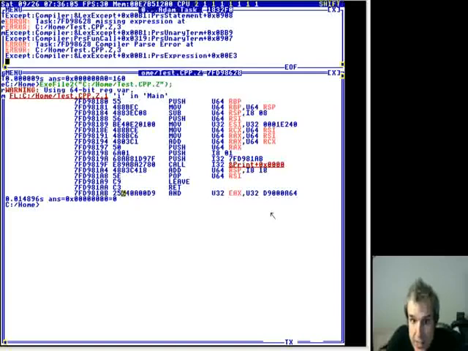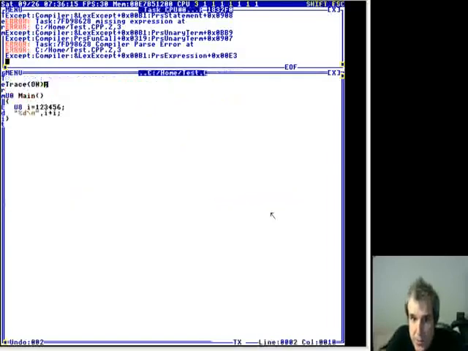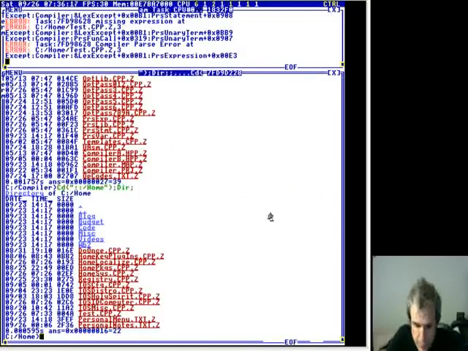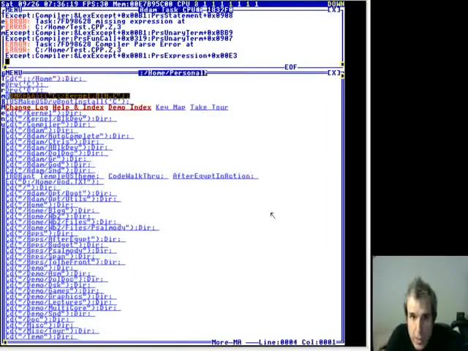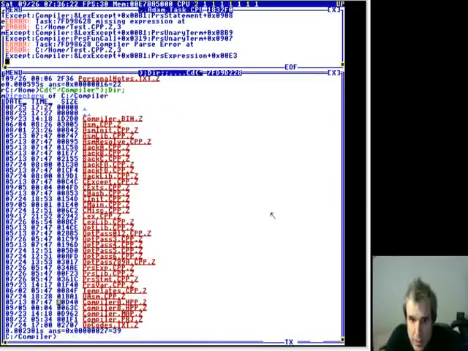Like this is the string, %s. So there's the string, and so in the compiler, the main... I guess, is it main?